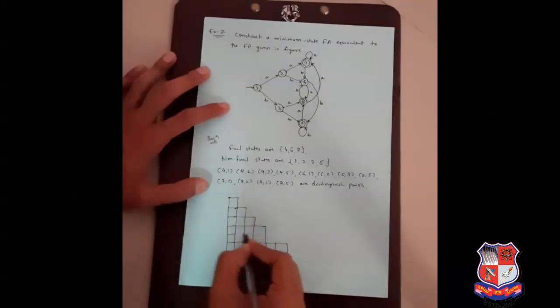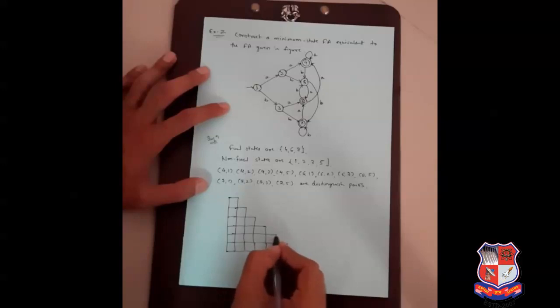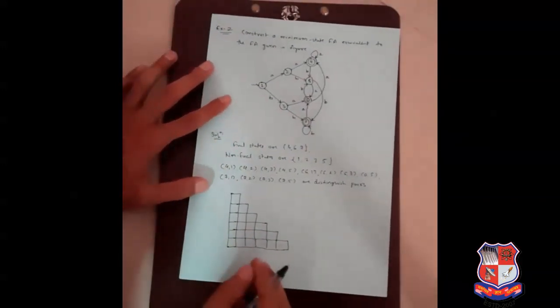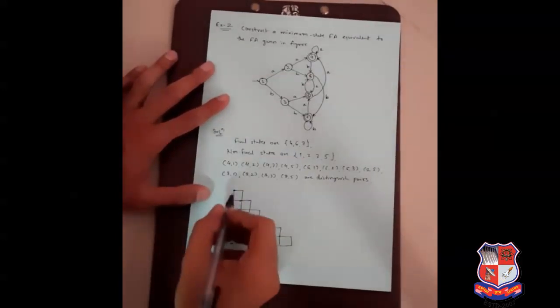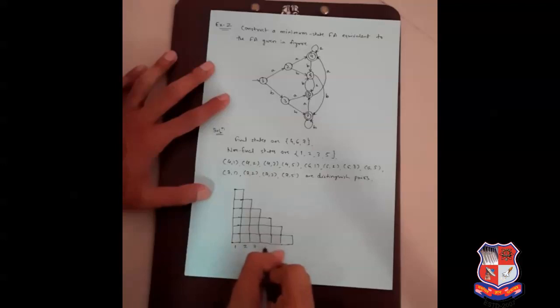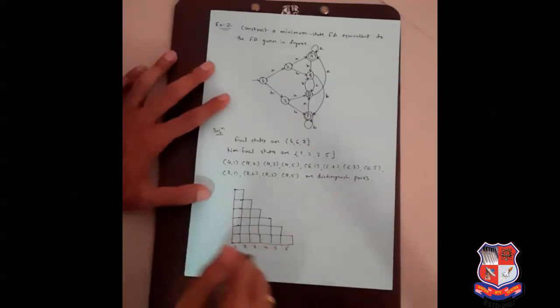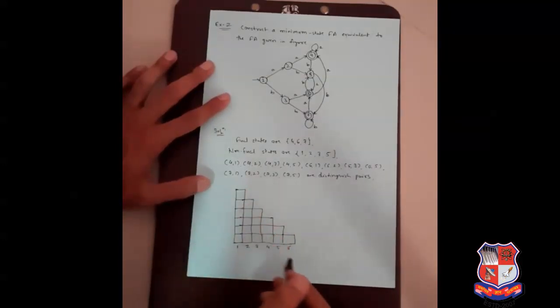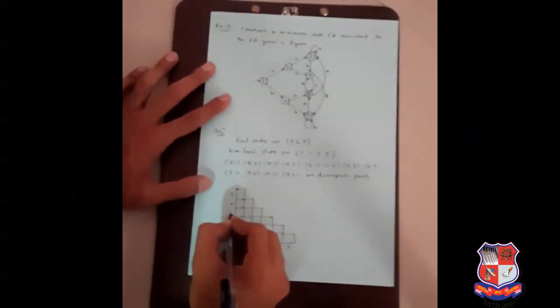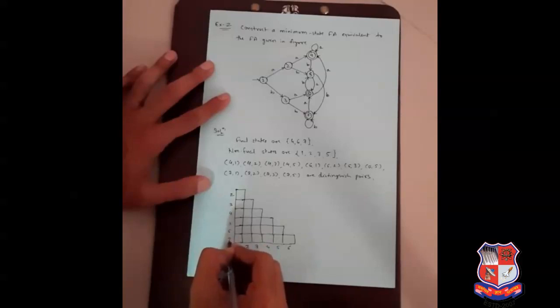If you have a ruled page, consider one line for one row and make it this way. In the horizontal line we start from the initial state, so here 1 2 3 4 5 and 6 are the states, and in the vertical line we start from the second state, so here 2 3 4 5 6 and 7.